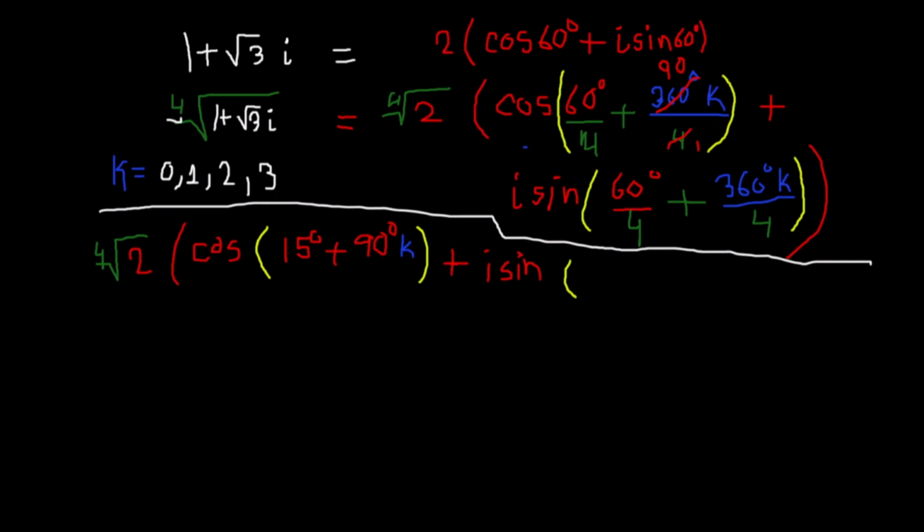So it will be 15 degrees plus 90 degrees times K. So now we simplified our formula a little bit. Now all I have to do is plug in each of the values of K into this and get the answers.